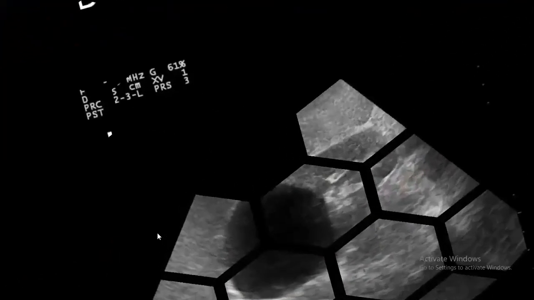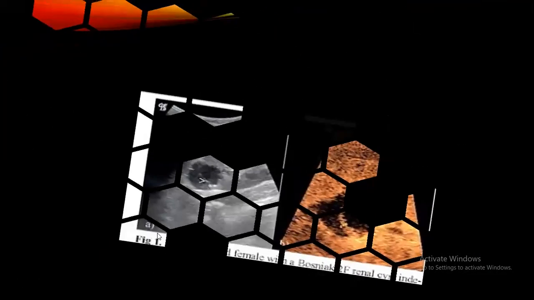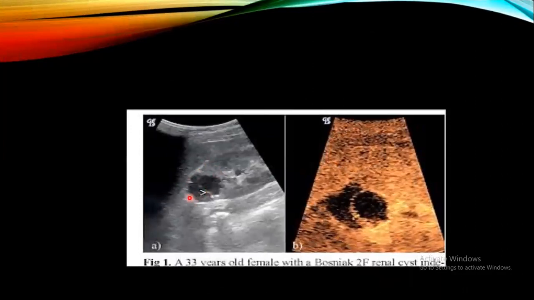For Bosniak 2 classification, he said that the cyst is circular, but it is irregular. We see that there is irregularity of the cyst, and also there is echogenicity within the cyst. So the cyst is circular, irregular, with the presence of echogenicity within the cyst. This is called Bosniak 2 classification.